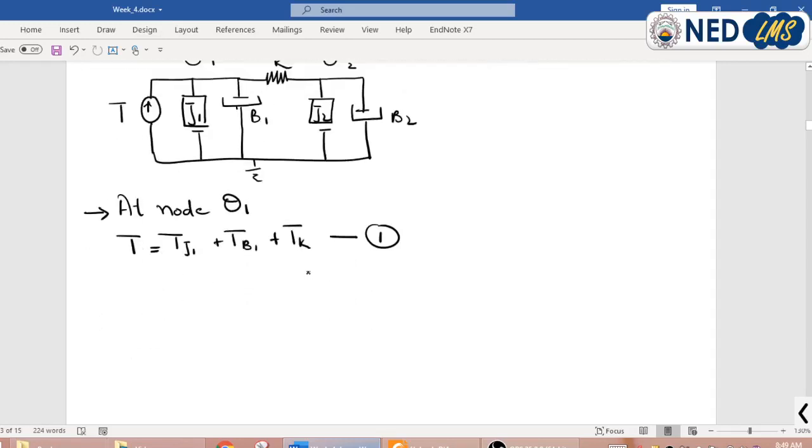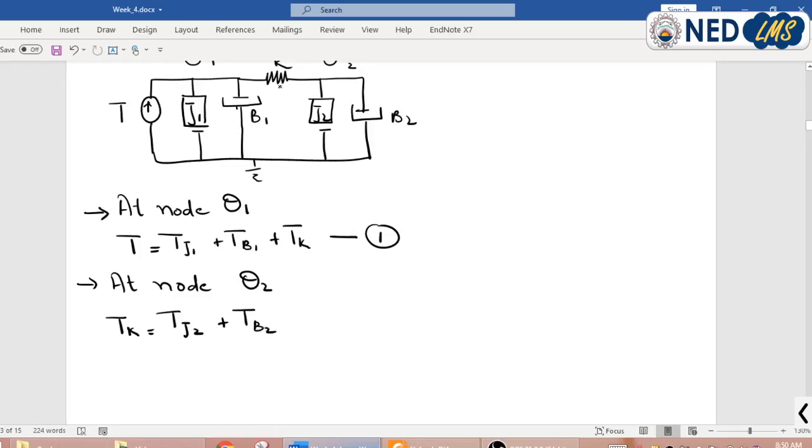So at theta 2 I can write another equation. At node theta 2, the input torque is basically the torque due to this spring K, and the reactive torque will be the torque due to J2 plus torque due to B2.